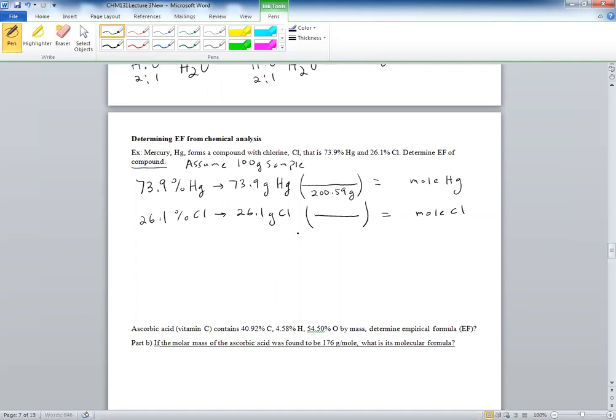200.59 grams, 1 mole on the top. Once again, given, desired. Or we learned the trick that if we're going to go from grams to moles, we just divide by the molar mass. And for chlorine, that would be 35.45, and that would be 1 mole.